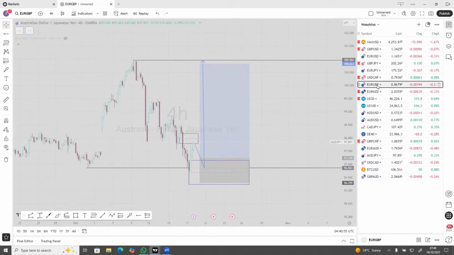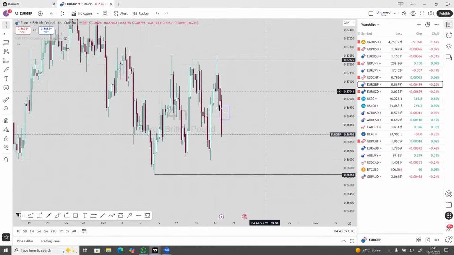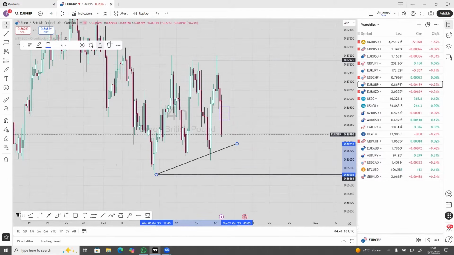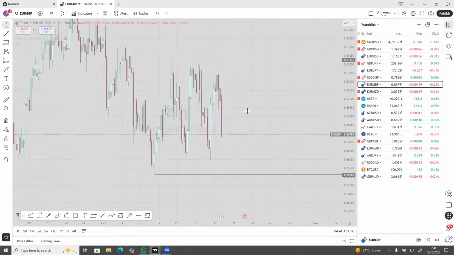Let's see Euro GBP. Euro GBP, you can see it created an uptrend. But we're supposed to make a top-down analysis from higher time frame to lower time frame. Okay, we can start with the weekly time frame.